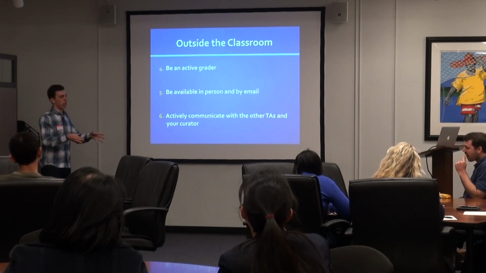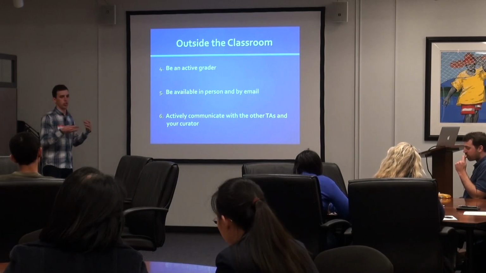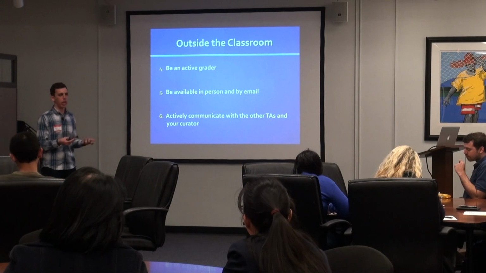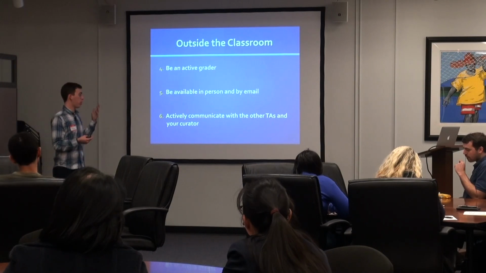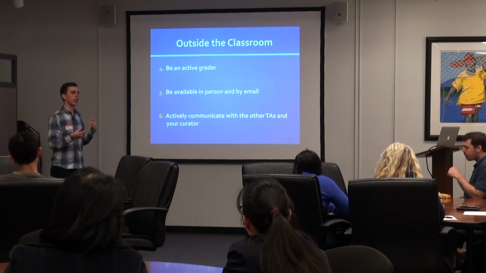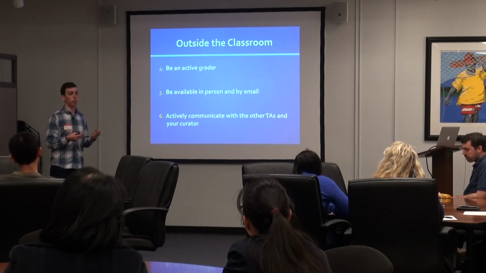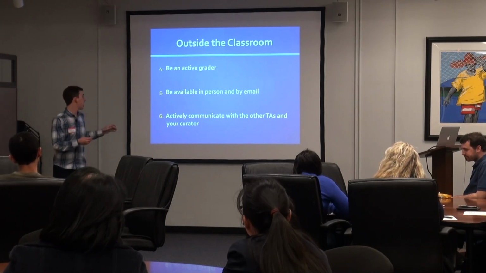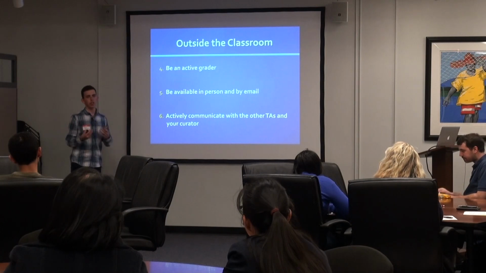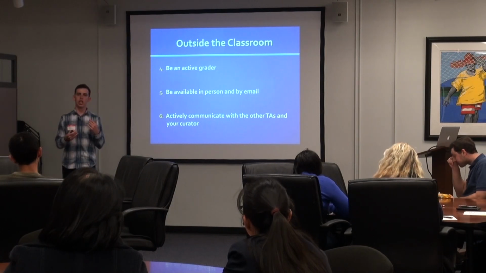When you're in the classroom, of course you're available because you're standing in front of them, but offer to be there after class for 5 minutes. Make sure that when you set your office hours, you go to your office hours, and be available by email. We'll also talk about communicating with the other TAs working the same class and the lab curator.